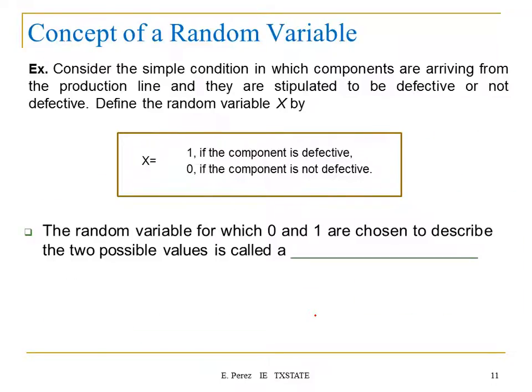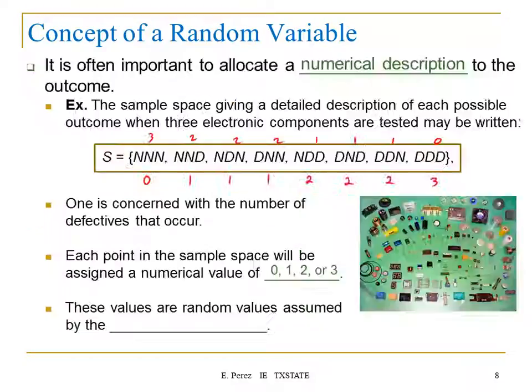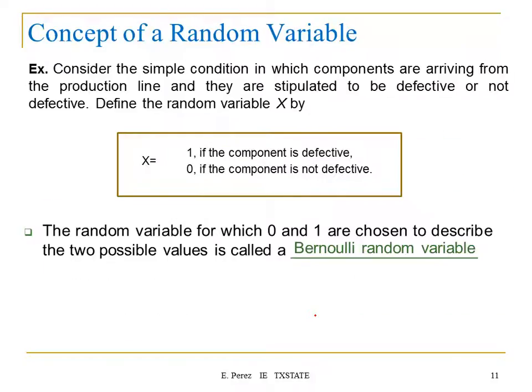Okay? The random variable for which 0 and 1 are chosen to describe the two possible values is called a Bernoulli random variable. And this is important because we're going to define functions that are based on this type of random variable.